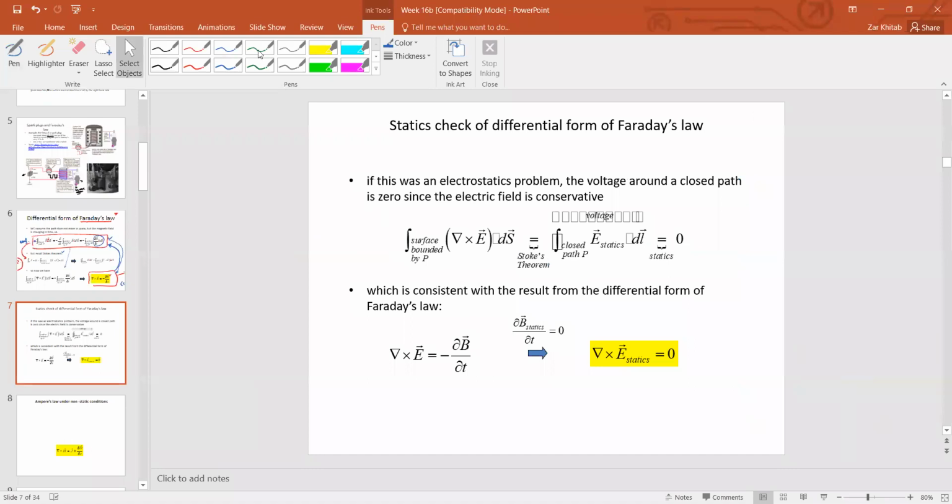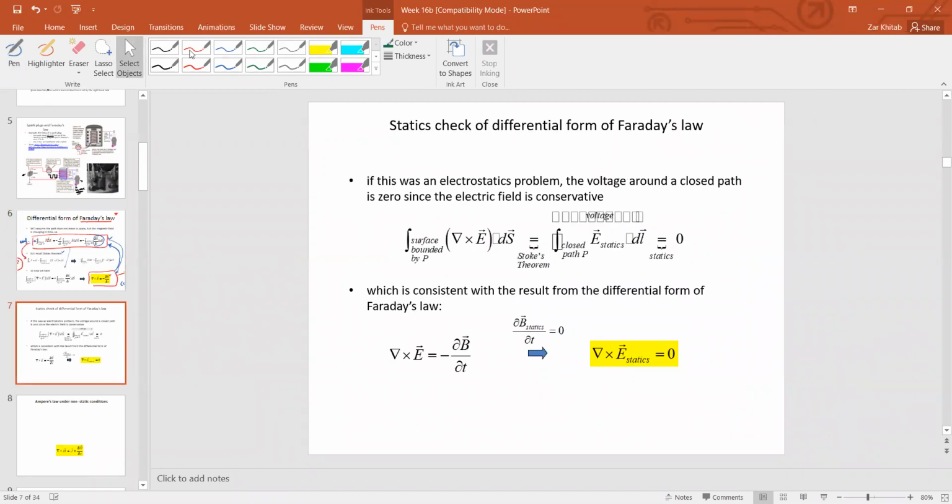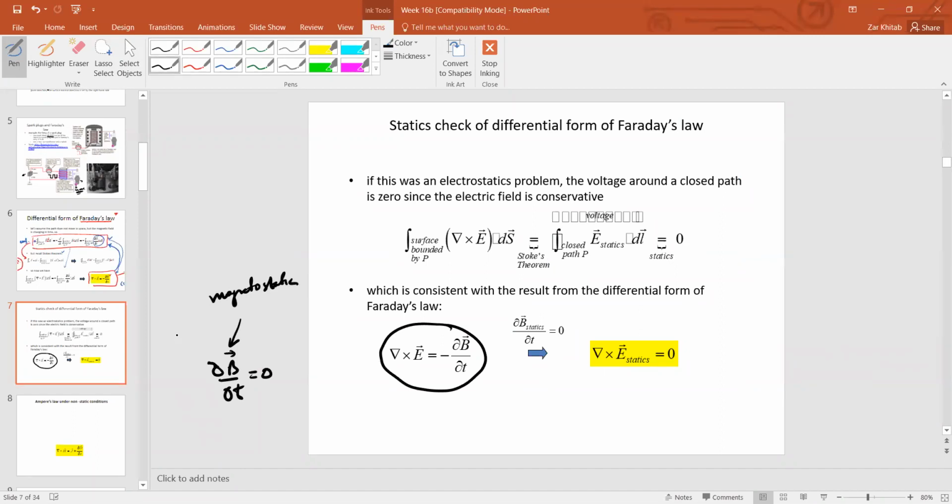If you do a little bit of mathematics, now suppose I take an example. This is our Maxwell equation, and we say the B is constant, so its derivative is zero. When the derivative is zero, B is magnetostatic. By magnetostatic we mean if this is a wire and the magnet is here and you are not moving the magnet, the magnet is stable.